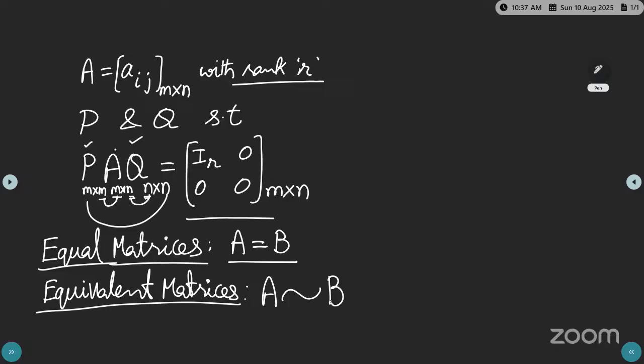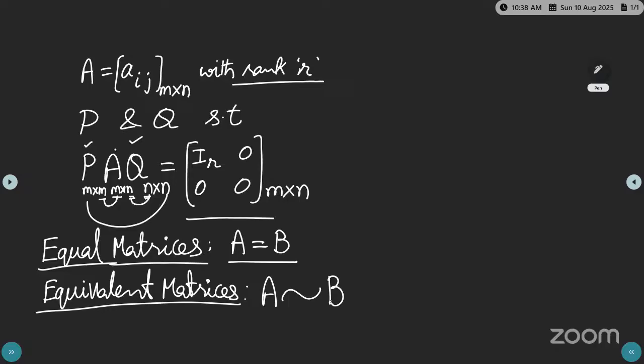if one can be obtained from the other by a sequence of row, column transformations.